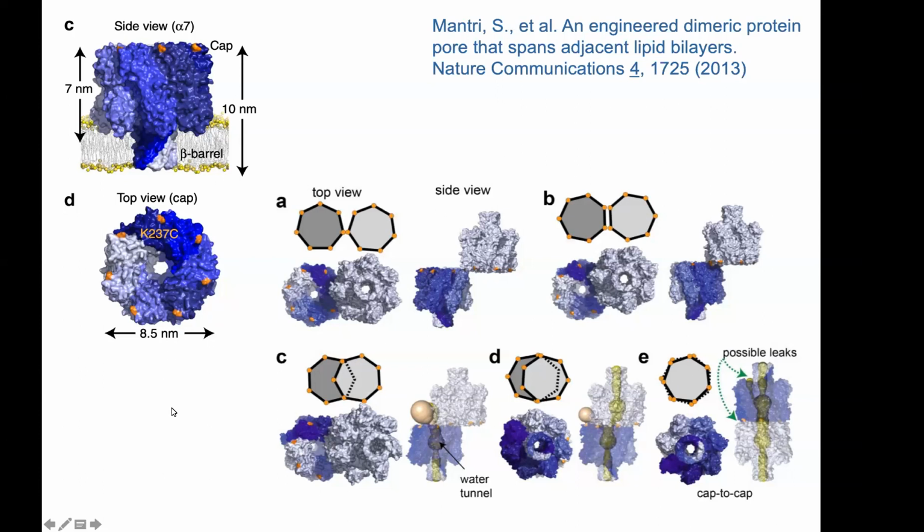But again, we were lucky with this, and when we expressed this protein in E. coli, it actually came out as a 14-mer, which meant that 2 of these 7-mers had got together in some way. And again, if you think about the geometry, there are different ways in which these can get together by forming disulfide bonds.